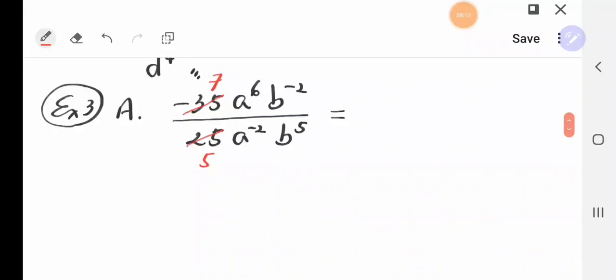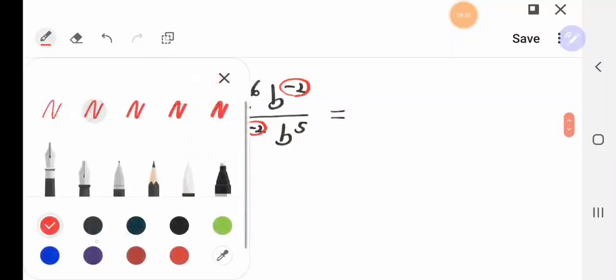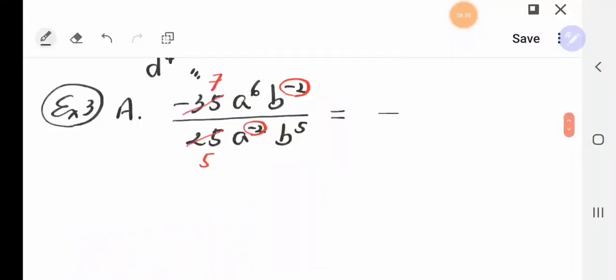How about A? We have the factor A has exponent 6 and negative 2. Since negative 2 is smaller than 6, let's move negative 2 to the numerator. How about the exponent of B? Negative 2 and 5. This time, move negative 2 to the denominator. Then the result is negative. The numerator contains 7, denominator contains 5.